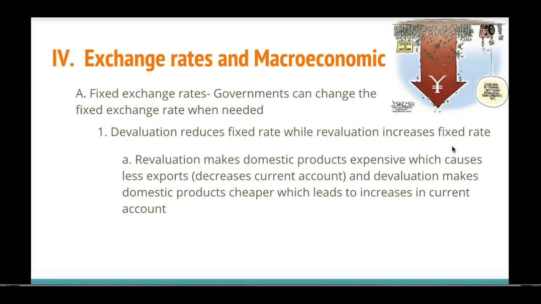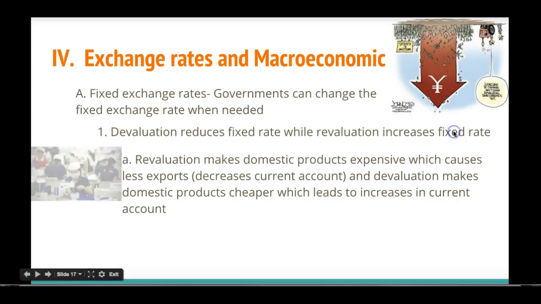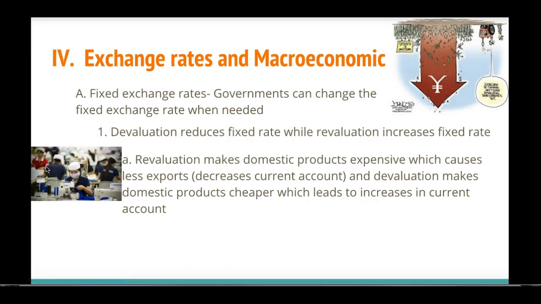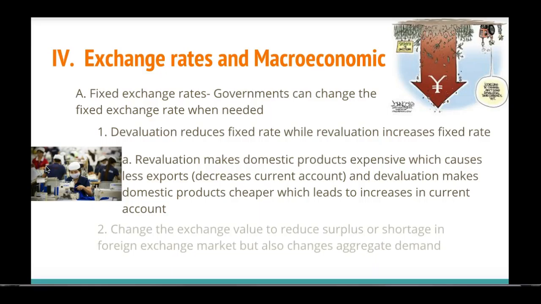In other words, we're depreciating the currency, and it's going to lead to more exports, which increases the current account. So when we have a revaluation, it's going to cause less exports. If we have devaluation, it's going to cause more exports.